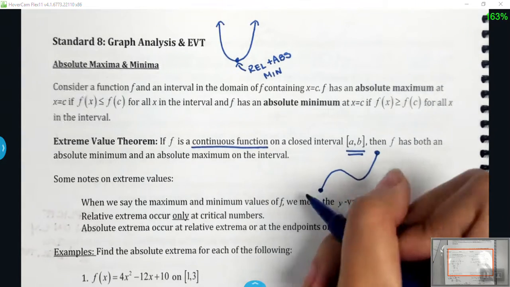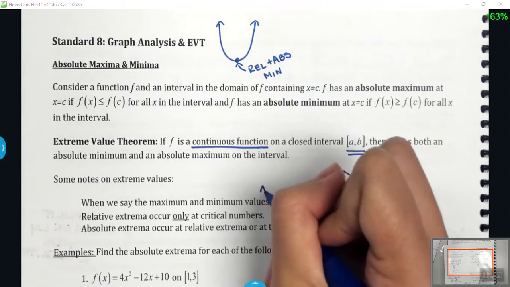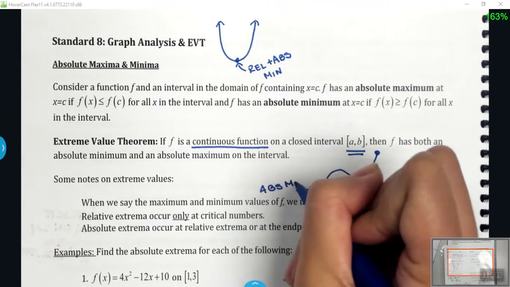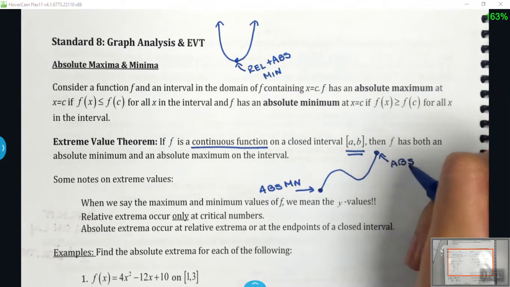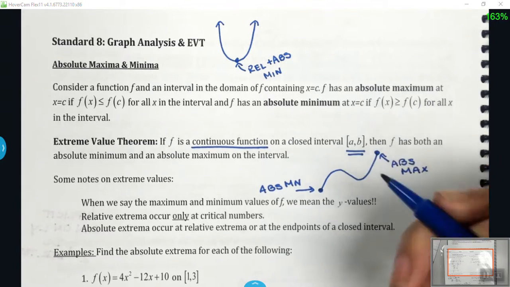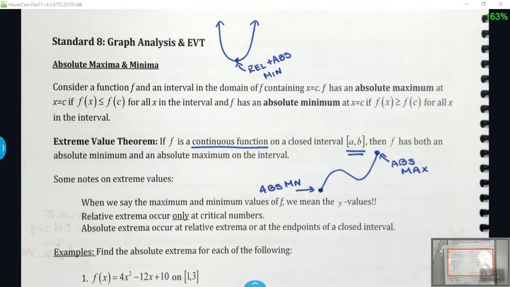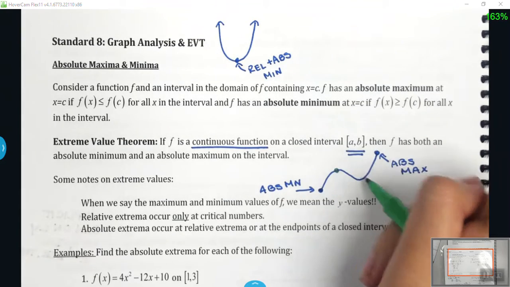Then I will definitely have an absolute min, and I'll definitely have an absolute max. Does that make sense? Right here, we still have relative mins and max.